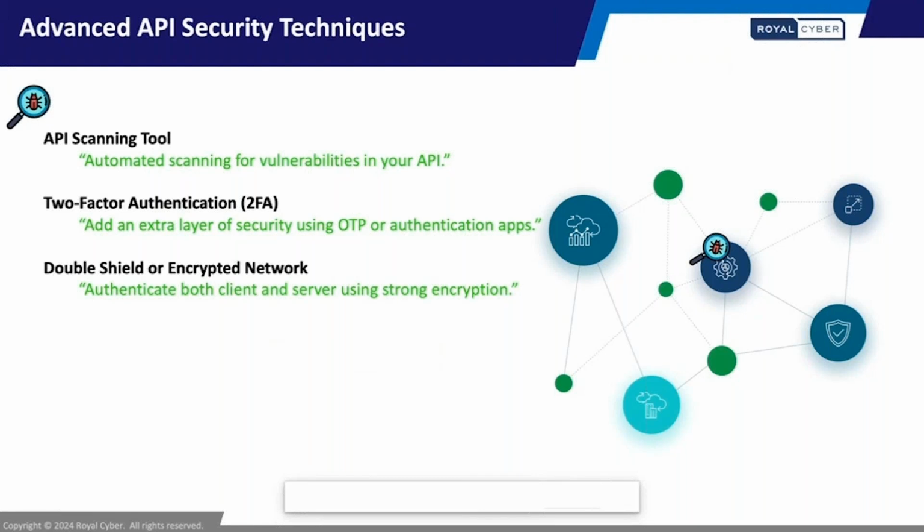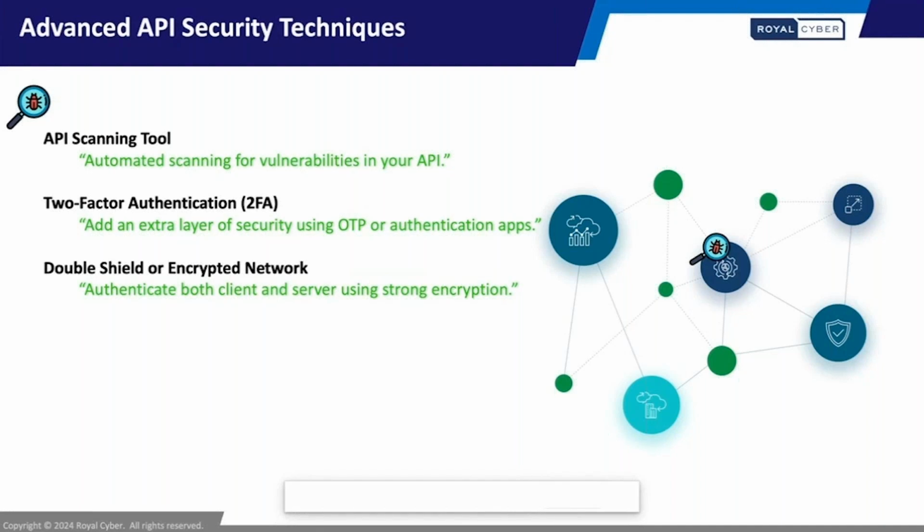For example, zero trust architecture is another thing, which basically assumes that no user or system is trustworthy by default. And this technique ensures that every request, whether internal or external, is authenticated, authorized, and encrypted. So API security is enforced on every transaction to minimize the risk of breaches. So that is another thing.